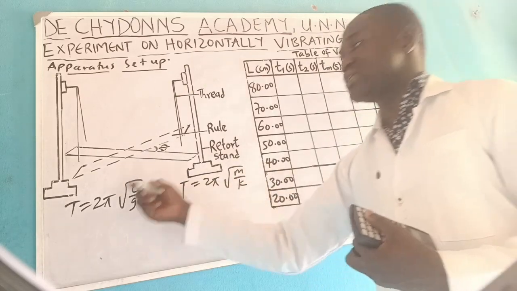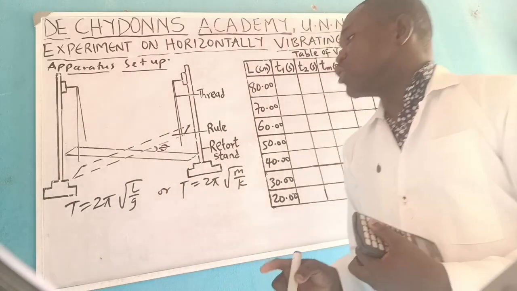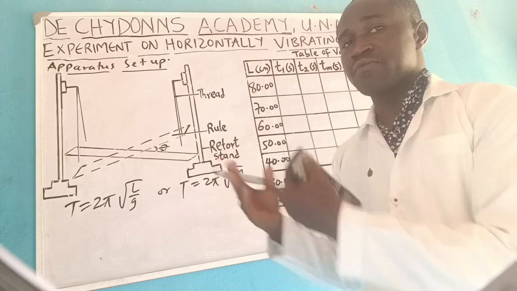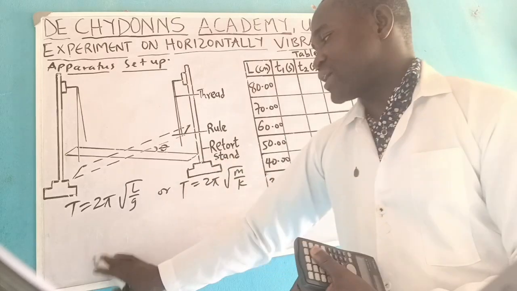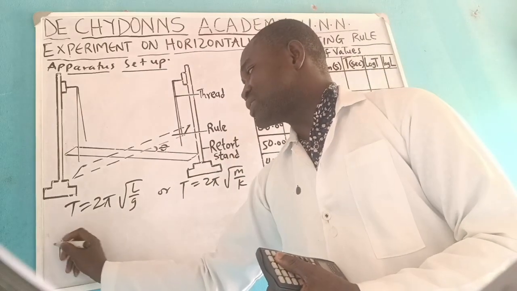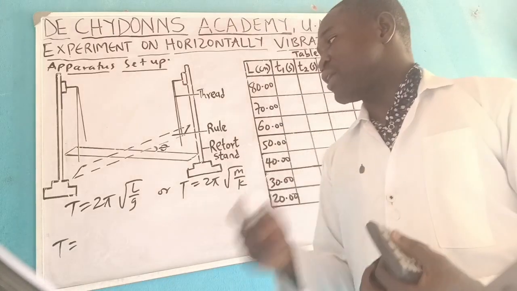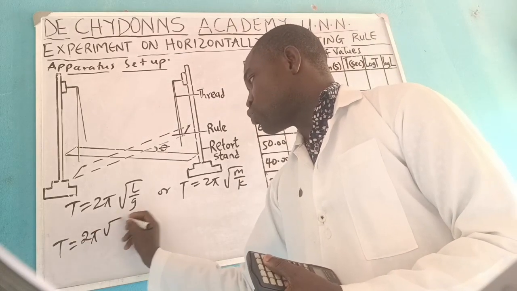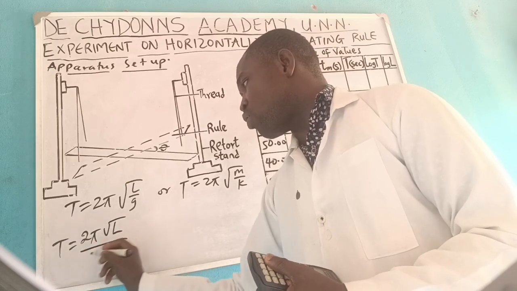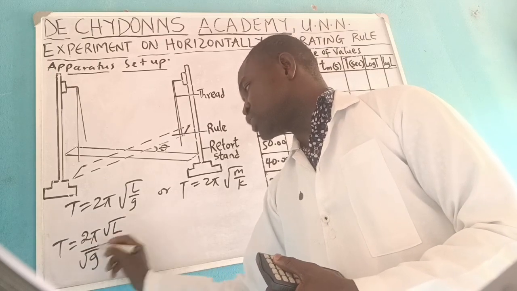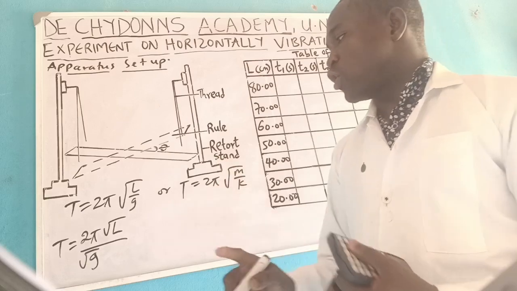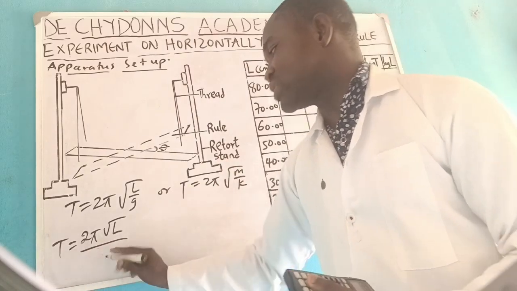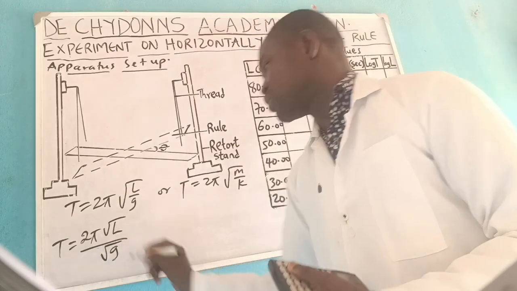Let's talk about this one especially. Do you know that we can rearrange this to get a lot of things? Take for instance, T from the law of indices is equal to 2 pi root L all over root g.